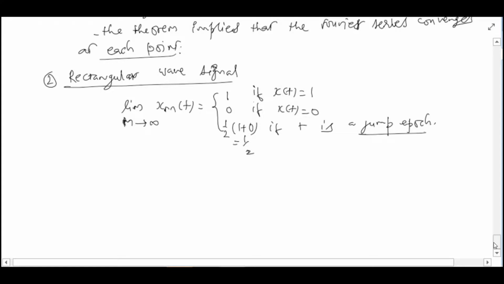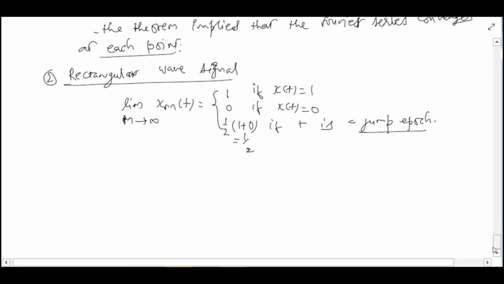Let us now see a few more properties of Fourier series. We have already seen a few properties of Fourier series. The first property says that if there are two signals x and y with identical periods and they have Fourier coefficients a_k and b_k, then the Fourier coefficient of a linear combination of x and y can be written as a linear combination of Fourier coefficients a_k and b_k.